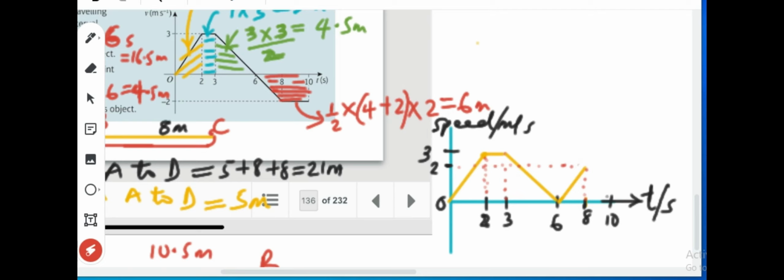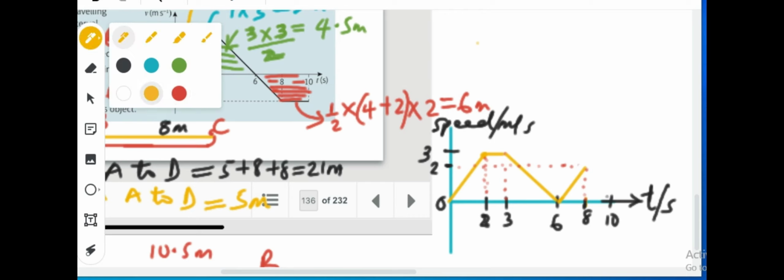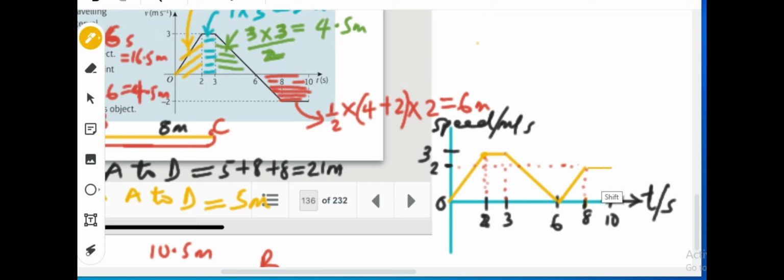And then the final stage of the motion is constant speed. Even though it is constant speed in the backward direction, we are not interested in the direction, so it will still be on the same side of the time axis. So this is how it will be.